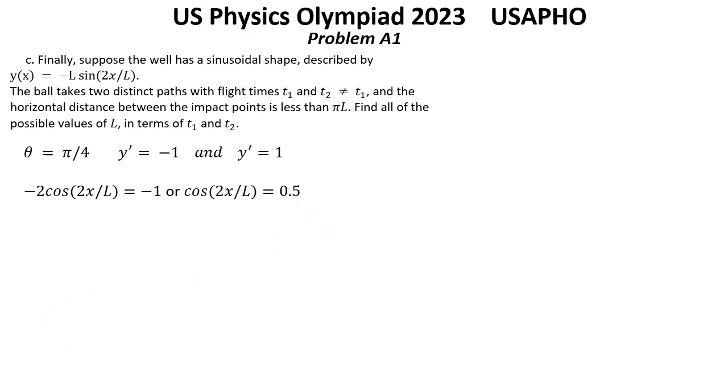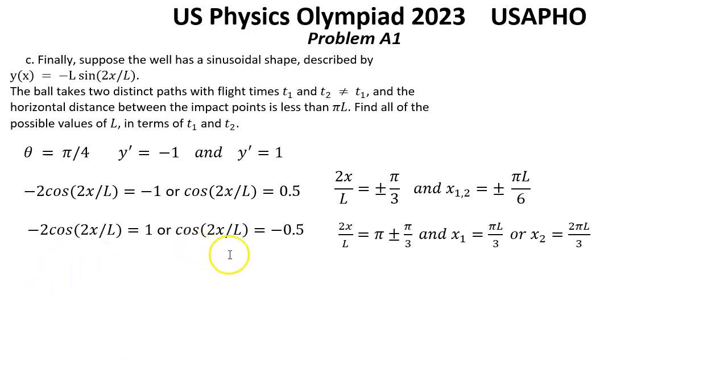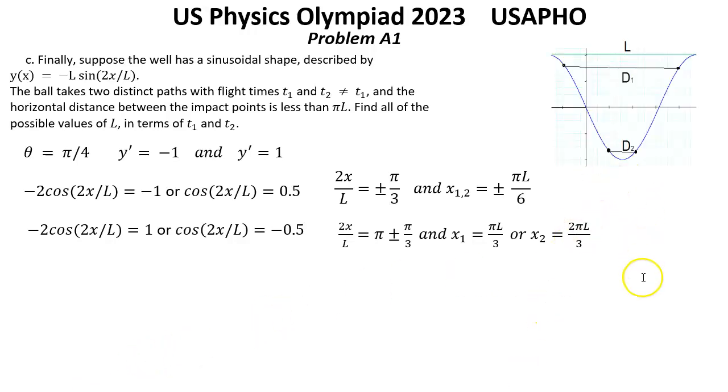So here we have roots like this: x equal positive or negative pi L over 6. In the second case we have this equation, which leads to roots pi L over 3 or 2 pi L over 3. So we can show it on a graph like this.